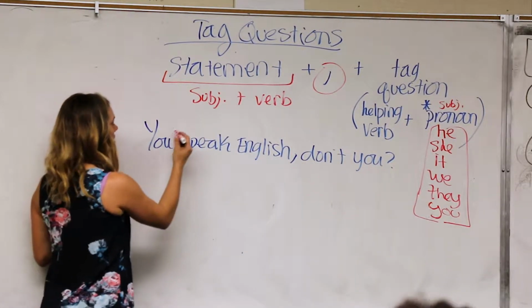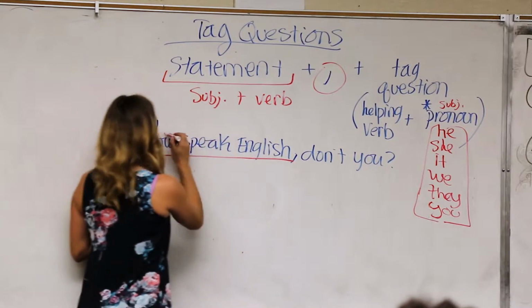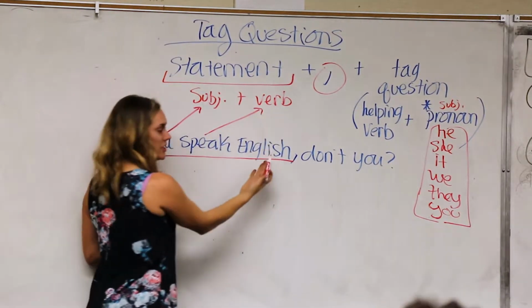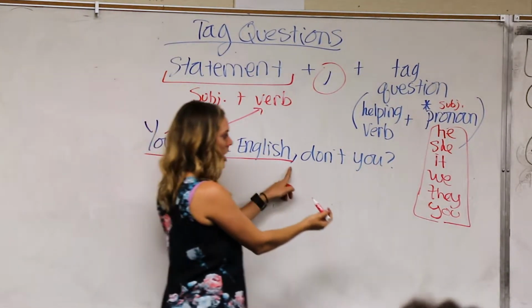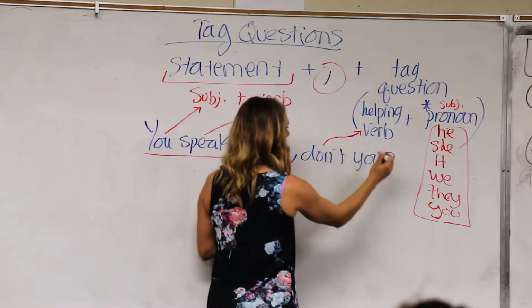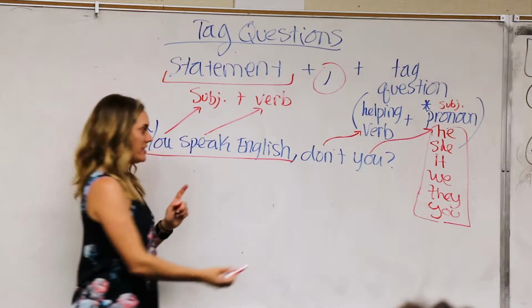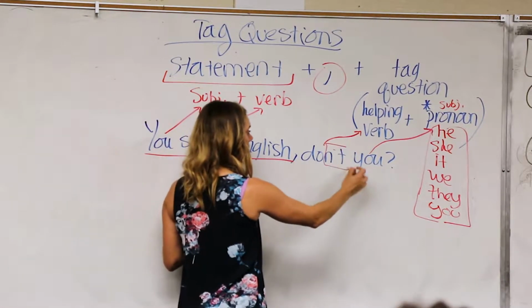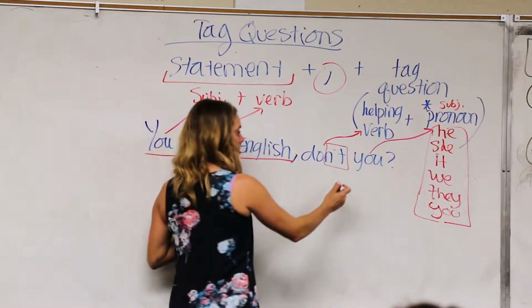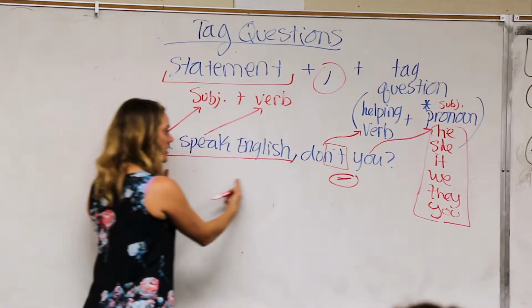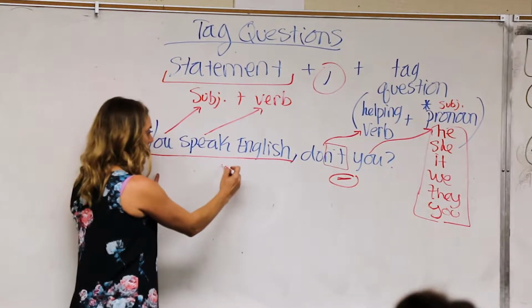Don't forget the question mark. So here's the statement: you speak English, right? That's the statement. Comma, don't you. There's the pronoun. Notice something. This is negative, right? But over here it's positive.